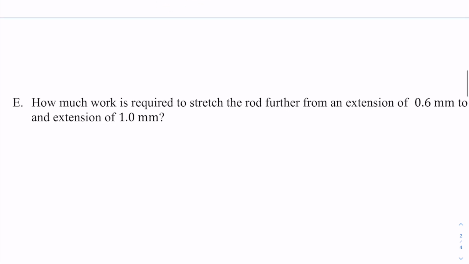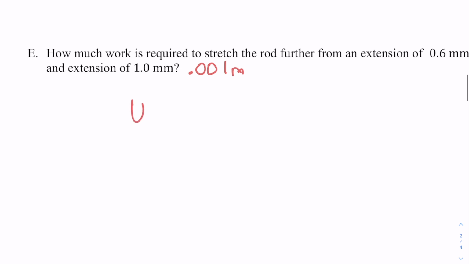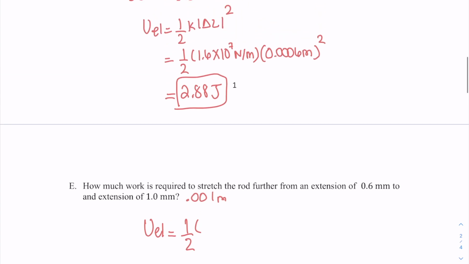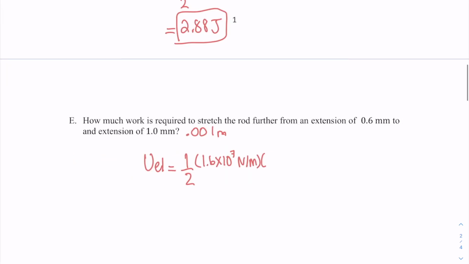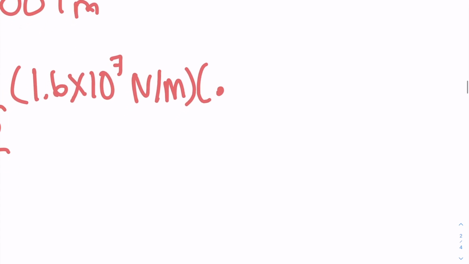So once again, 1 millimeter is 0.001 meters, right? 1, 2, 3, yep, 0.001 meters. So for the elastic energy at 1 millimeter, we have 1.6 times 10 to the 7th newtons per meter, and then our extension here is 0.001 meters, and we can square that.